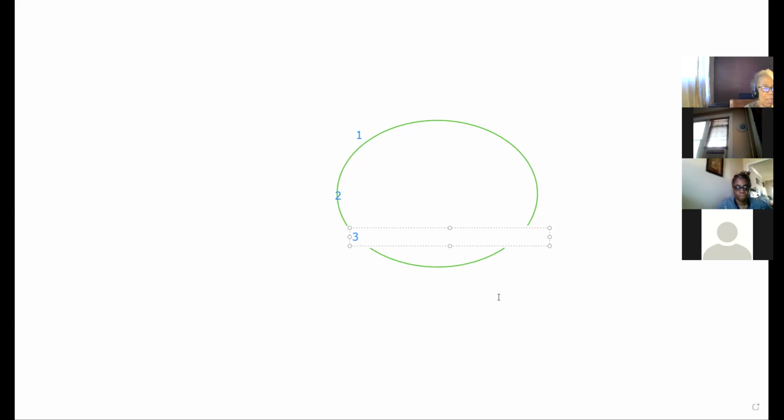Would those be independent events or dependent events? When I spin this, because you have a device here in the middle, something like a compass needle, and you spin it and it lands on a number.